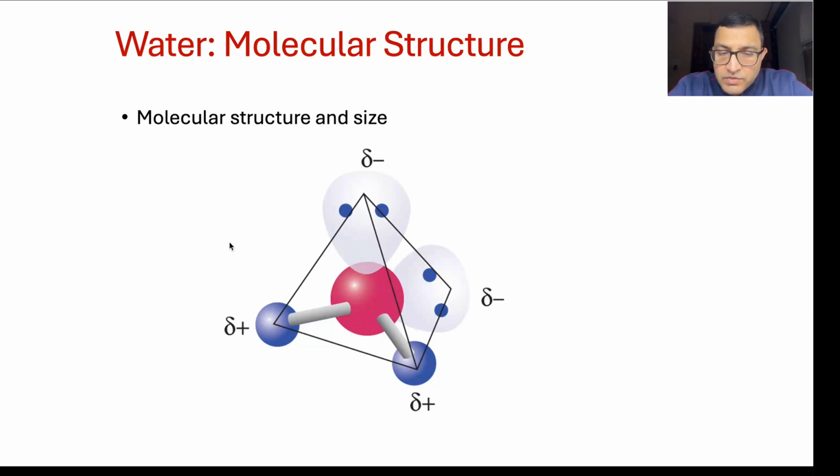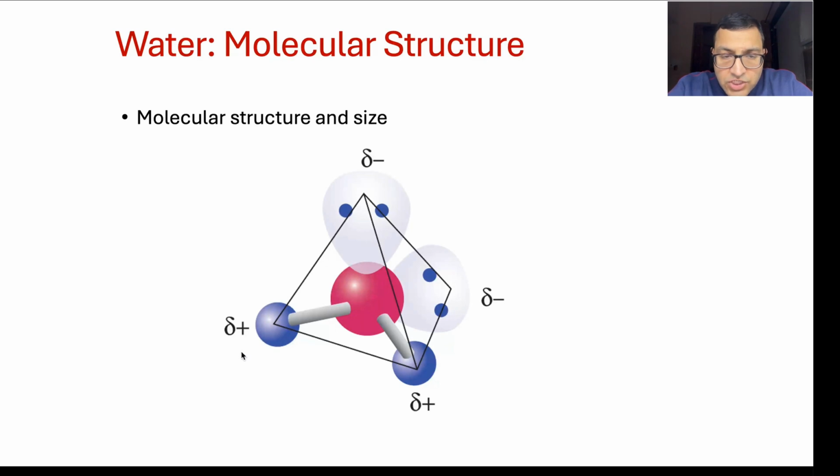The structure resembles a tetrahedron, with equilateral triangle faces, and on two sides of this tetrahedron are the hydrogen atoms, and in the center is the oxygen atom, and then the orbital clouds of oxygen on the other two ends.